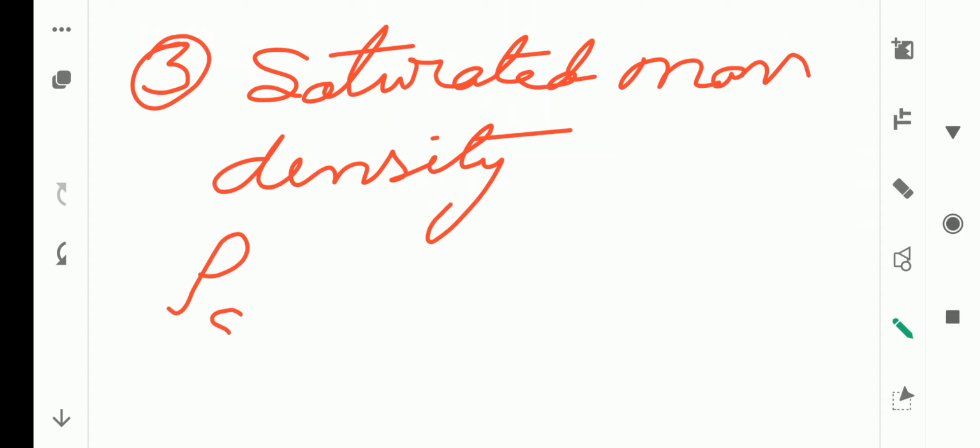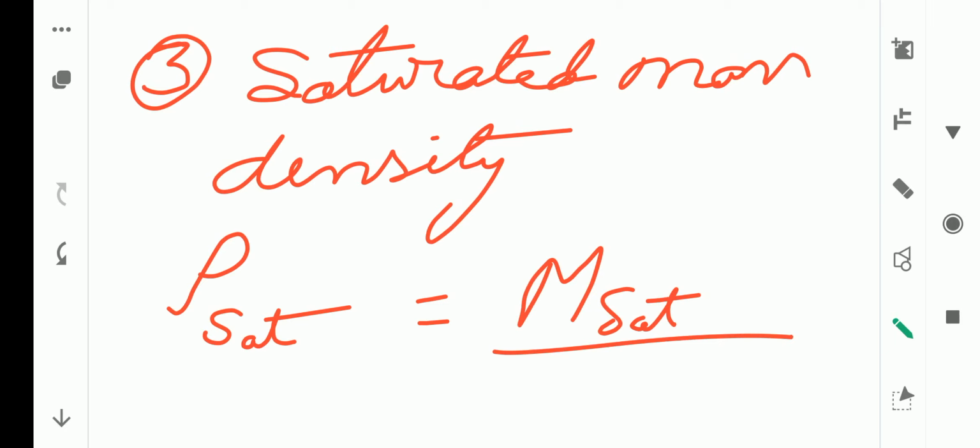It is denoted by rho sat, and it is simply the saturated mass of soil divided by total volume. When the soil is fully saturated, all the pores are filled with water and there is no air in the pores, that mass divided by total volume is said to be rho sat, that is saturated mass density.